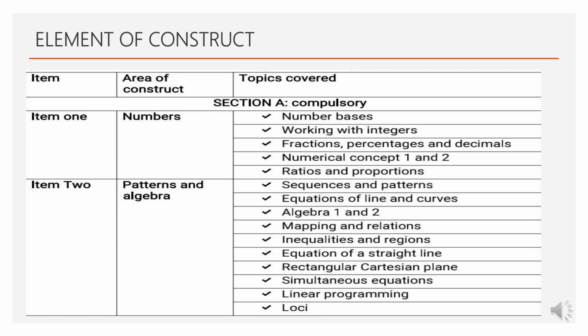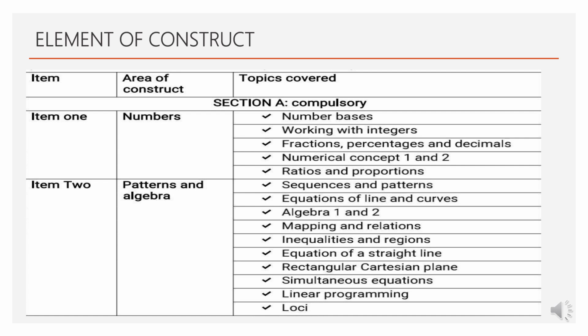The equations of line and curves, that is senior 2. Algebra 1 and 2 senior 2. Mapping and relations senior 2. Inequalities and regions, we start this topic in senior 2. And equations of a straight line senior 2.